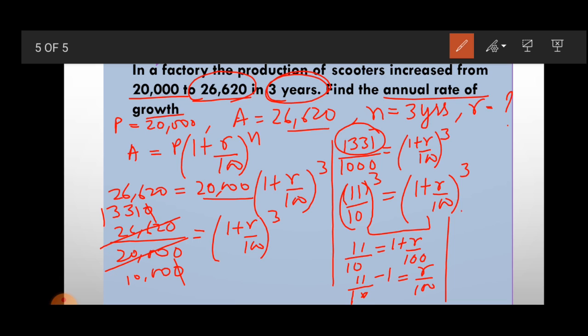Now solve this. (11 - 10)/10 is equal to R/100. Now 1/10 is equal to R/100. Cross multiply it. R is equal to 100/10, which is 10% per annum. So rate of growth is 10% per annum.